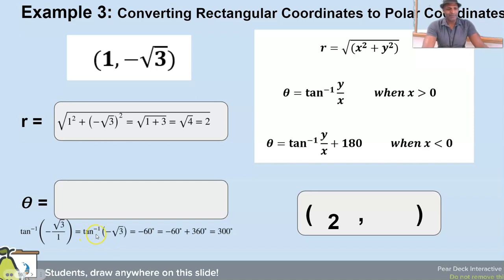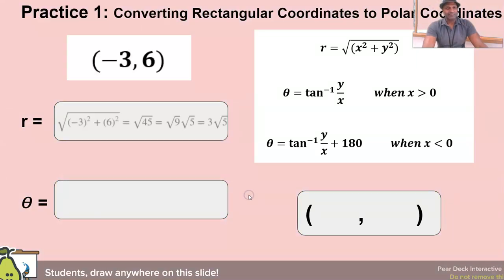If you take the inverse tangent of that, the calculator gives you negative 60 degrees, which you have to add 360 degrees to, to get the coterminal angle, and you end up with 300. There are some more practice examples.